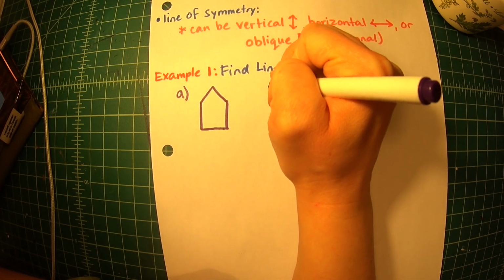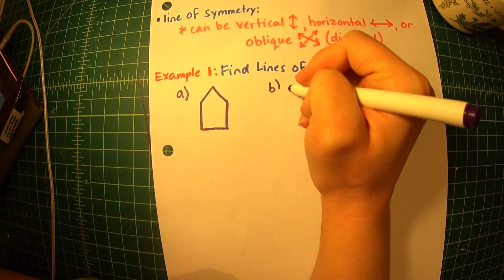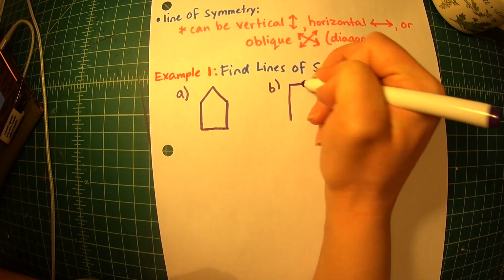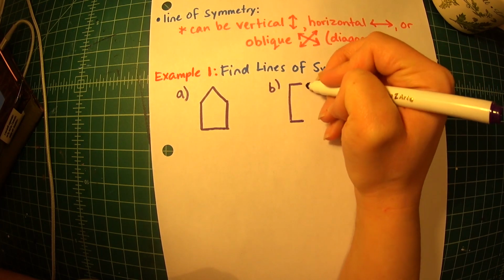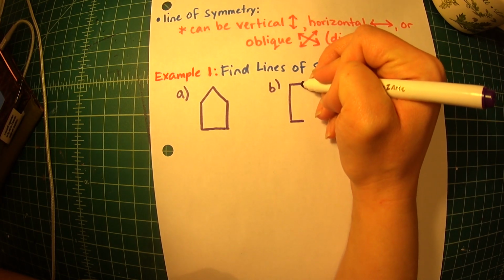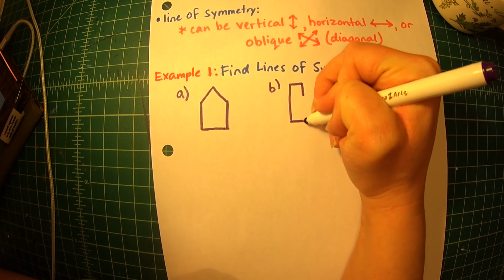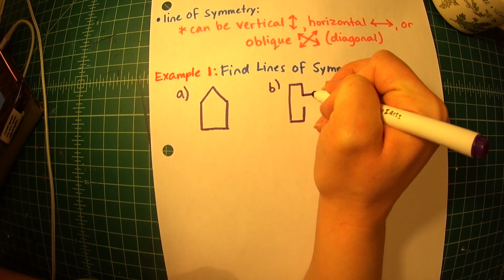The second one starts out looking almost like a rectangle, then comes up like that.